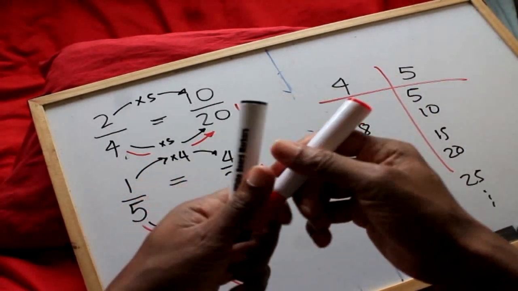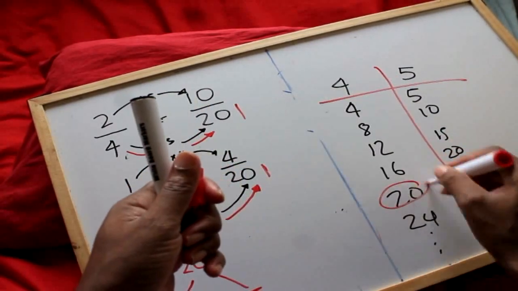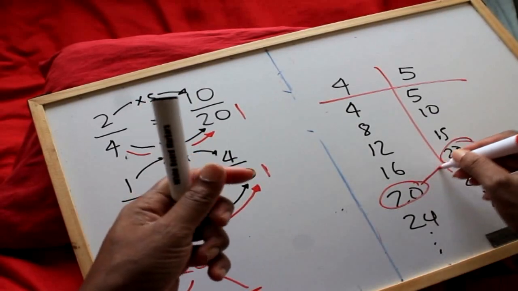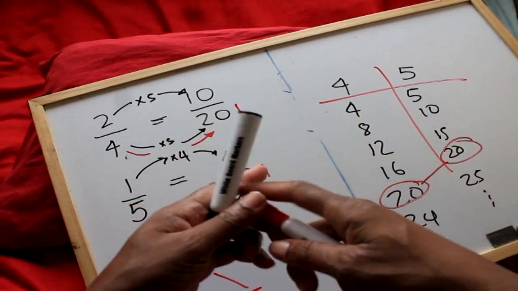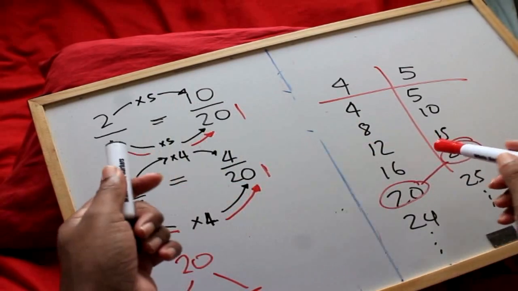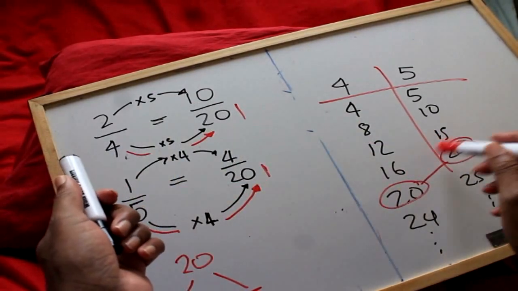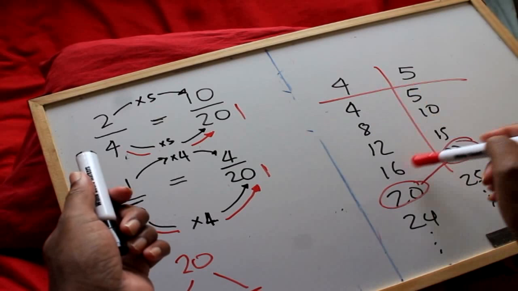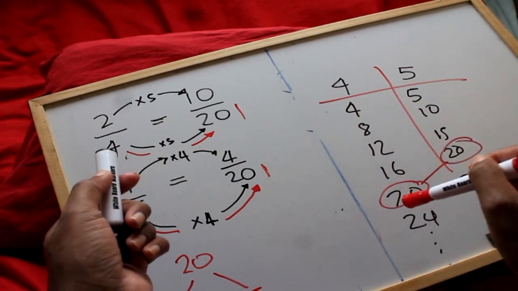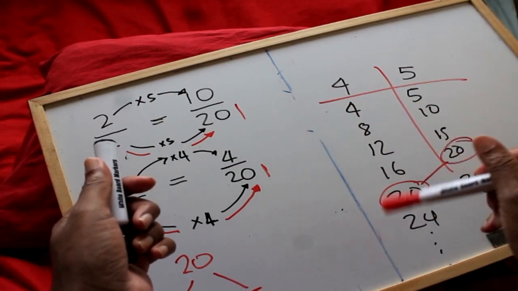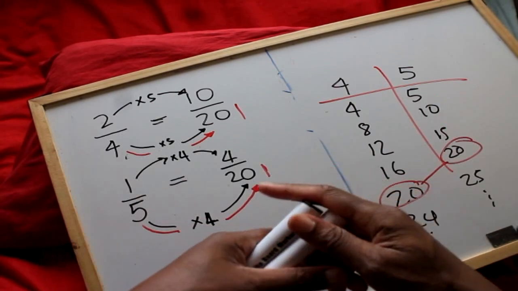Now we can see clearly that 20 is a multiple of both 4 and 5, and it's quite clear that it is the lowest common multiple of 4 and 5 because there are no other matching numbers in this table that are below the number 20.